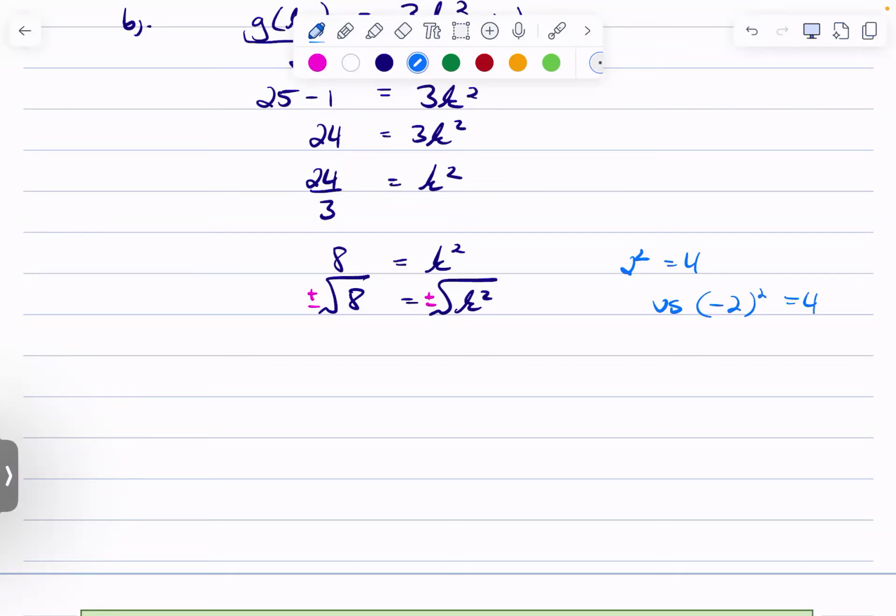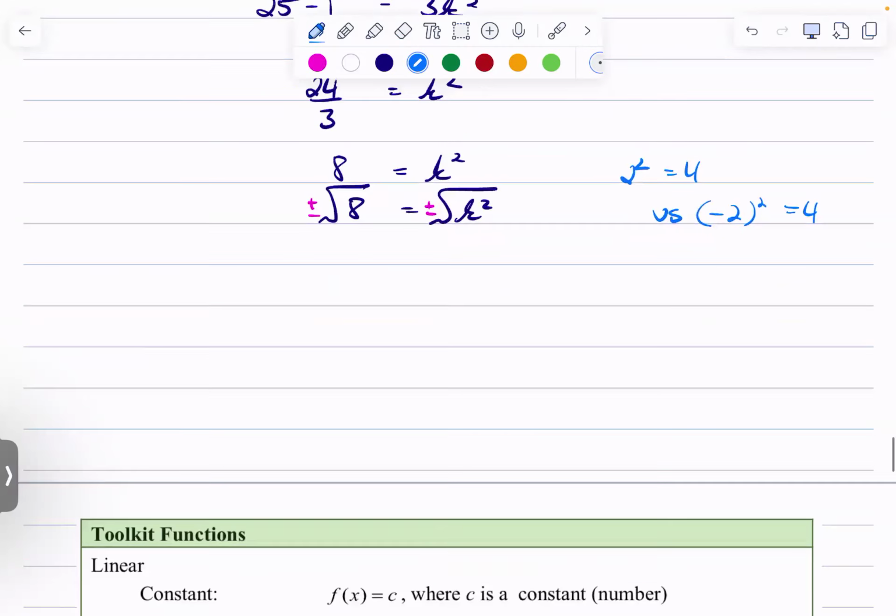So we have to attach that plus minus on there when we take the square root. So that's the only caution there. Okay. And so here we need plus minus when we take the square root. Otherwise, besides that, we're off to the races.